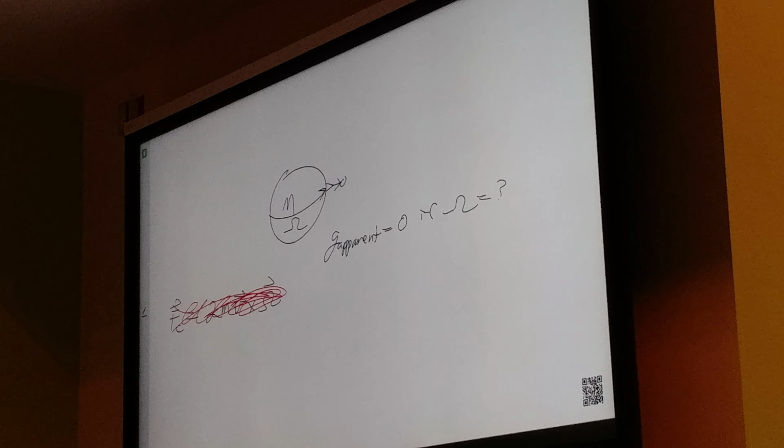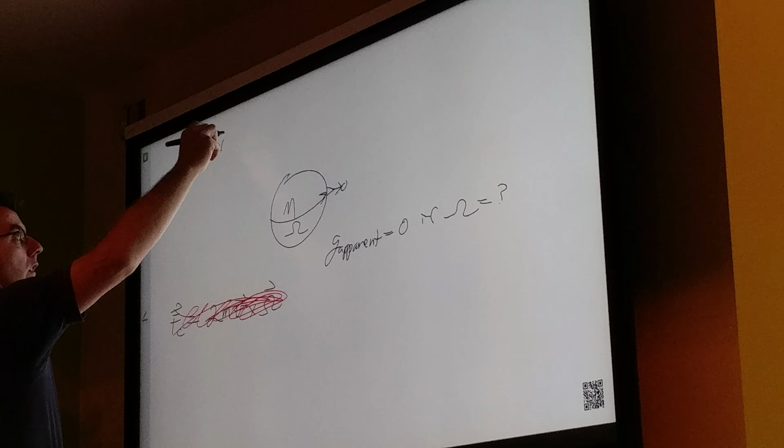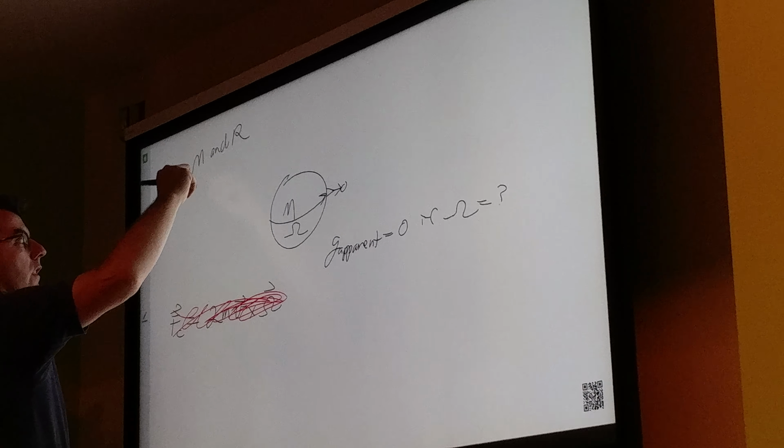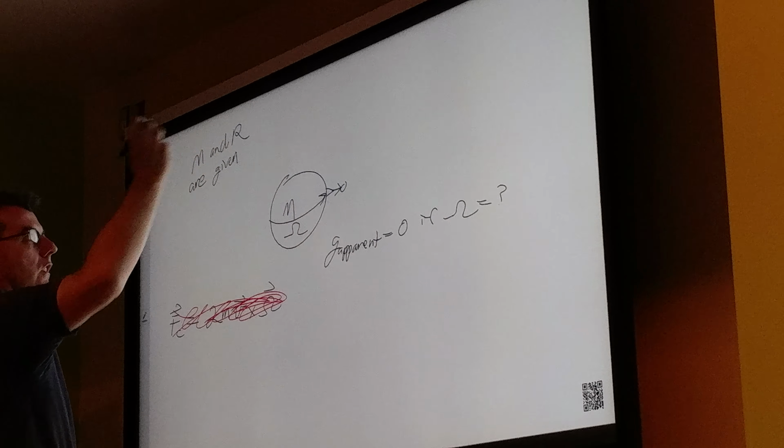And you can assume that the mass and radius of the planet are given.